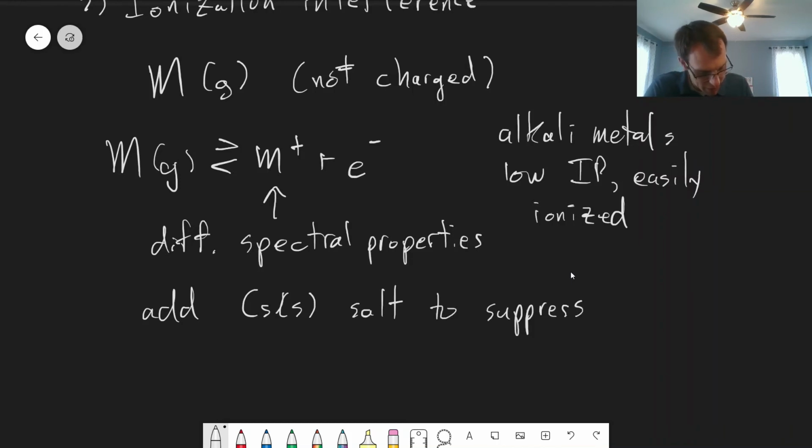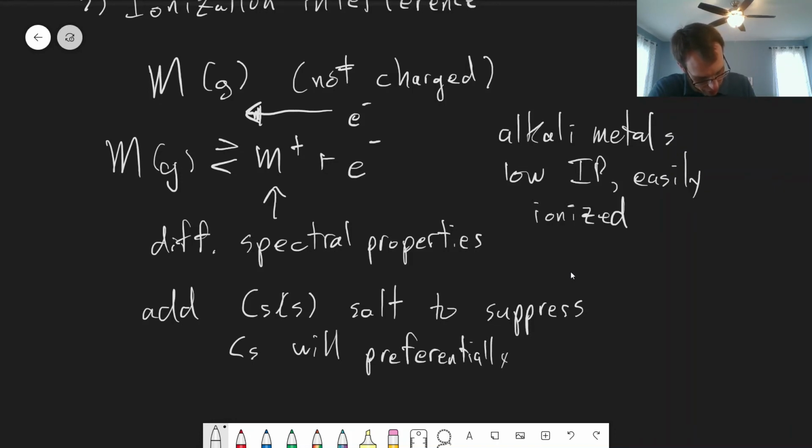Cesium is one of these alkali metals, and it has the lowest ionization potential as the largest alkali metal. And so it will preferentially ionize, and that will produce extra electrons, which, according to Le Chatelier's principle, will push this equilibrium to the left. So cesium will preferentially ionize. It's the element with the lowest ionization potential, and will decrease the amount of ionization that's happening in your sample.